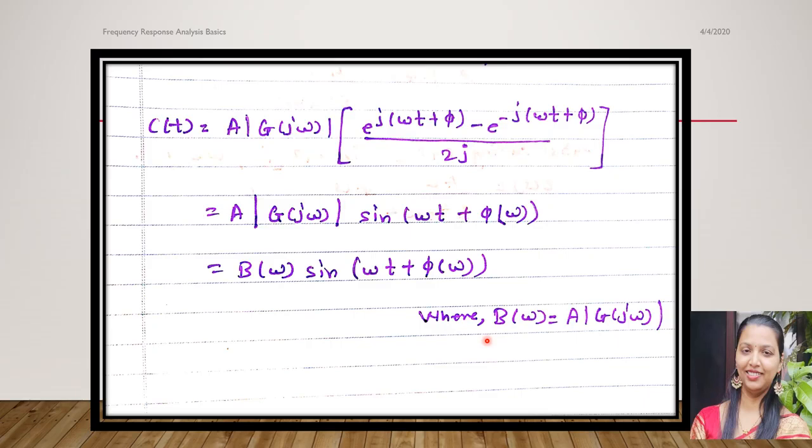Therefore, the steady state response of the system for a sinusoidal input of frequency ω is a sinusoidal output with a magnitude B(ω) and phase shift φ(ω) as shown in figure.